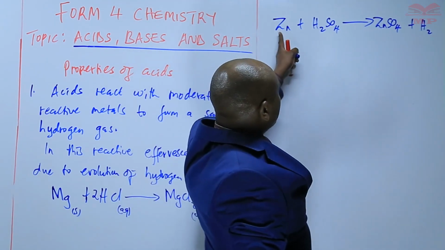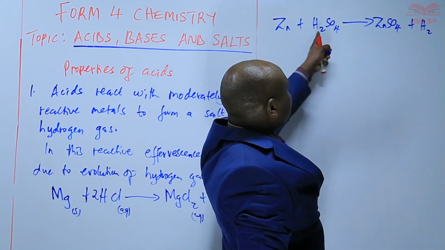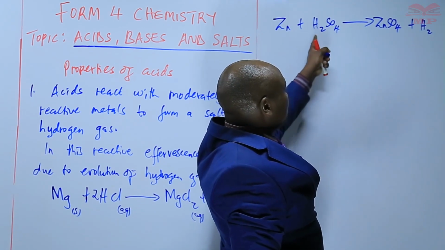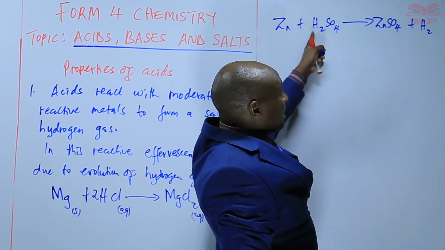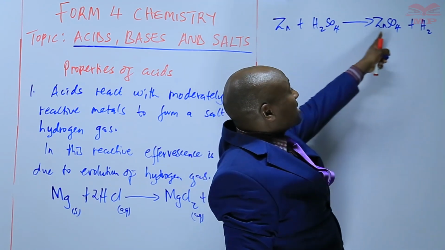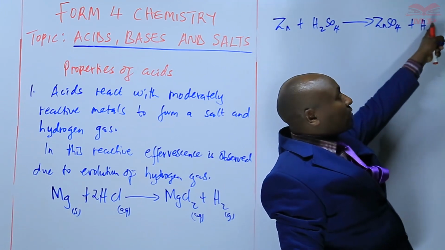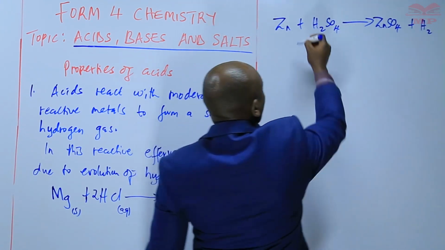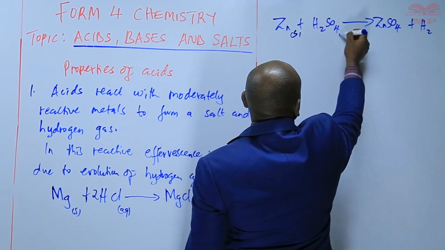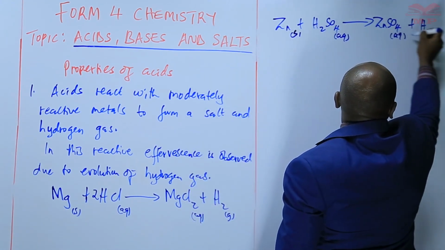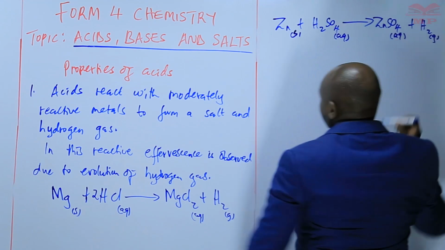So what we can see is that the zinc has completely replaced all the hydrogen atoms that are in the acid to form zinc sulfate. And the hydrogen that has been displaced is the one that forms the hydrogen gas. So that is a solid. This is aqueous. We have aqueous and we have a gas.